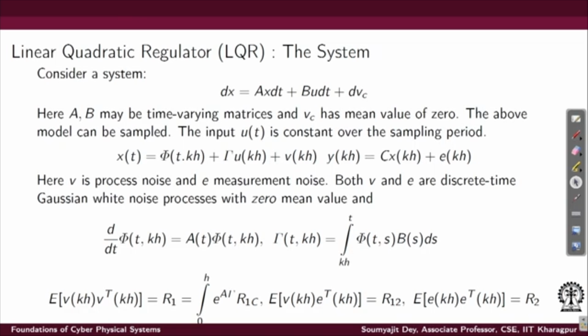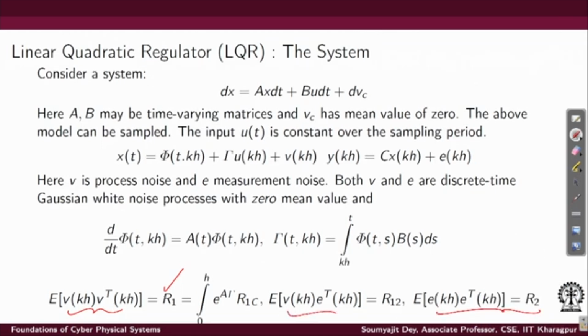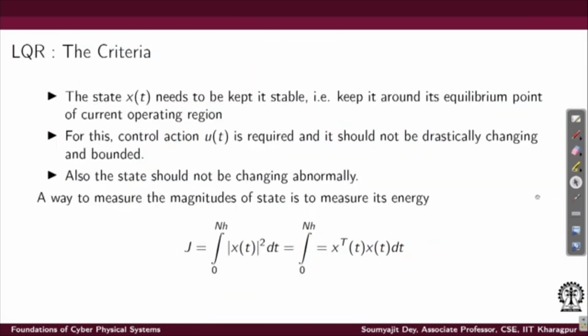We will parameterize them as 0 mean Gaussian white noise processes, for which the mean is 0 and the variance is given by R1 for the process noise, expectation of this. The variance of the measurement noise is R2, and the covariance of the measurement and process noise together is R12. So these are the terminologies we will be using in this control design objective.